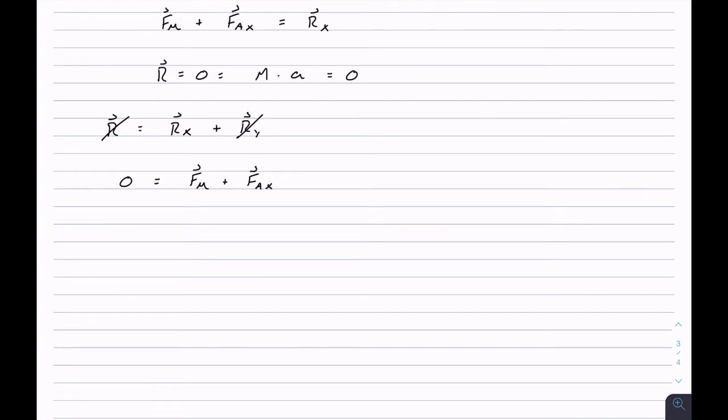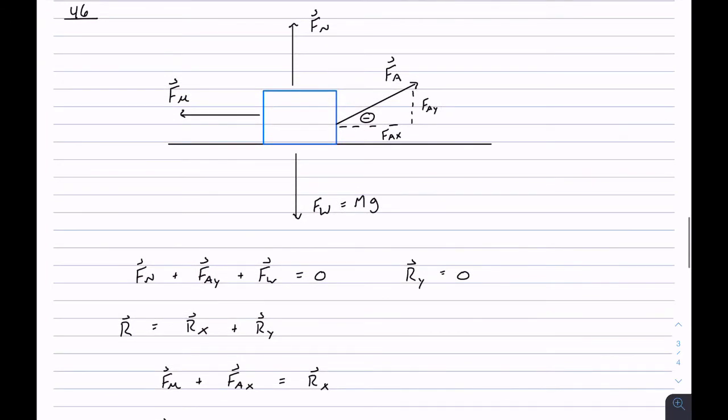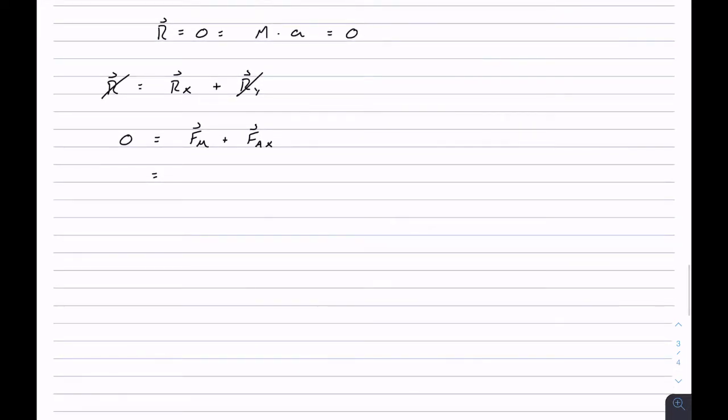Now at this point, we can start looking at the values that we have. We're told that the frictional force is 212 newtons, and it's moving in the negative x hat direction, right? It's moving this way. That's the frictional force. The applied force moves in the opposite direction, so these are going to be opposite signs. So 212 newtons, this is negative.